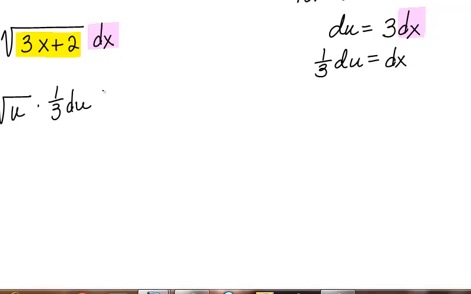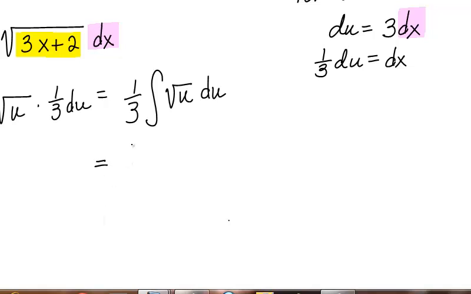The next step, I would take that 1/3 out front. And I don't care if you go across or down, it doesn't matter. If I take the 1/3 out front, that makes it a little bit easier. And the integral of the square root of u with respect to u.